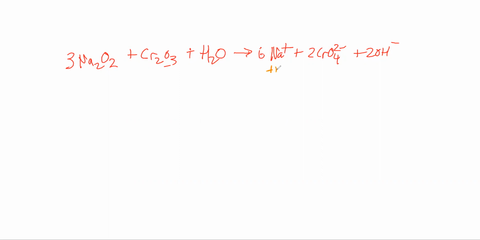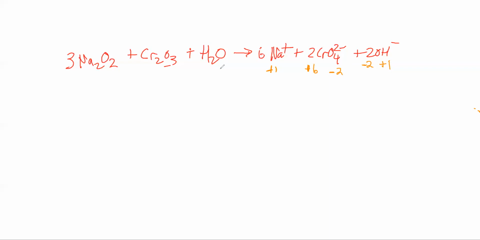For my hydroxide, my hydrogen is going to be a +1 and my oxygen is going to be a -2, and that will work itself out. My chromate, if each of those oxygens is a -2, then my chromium has to be a +6, right? 4 of these at -2 is -8. We've got a -2 charge, so my chromium has to be a +6. So that has worked out.